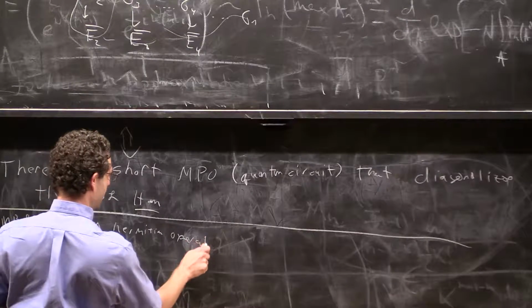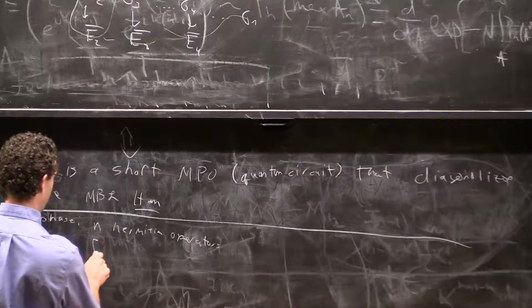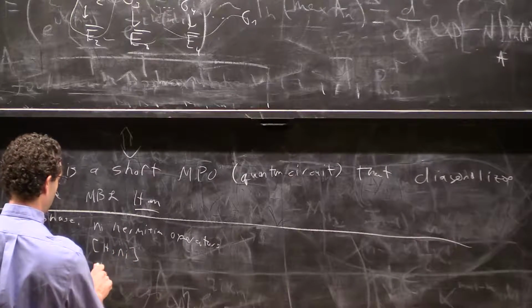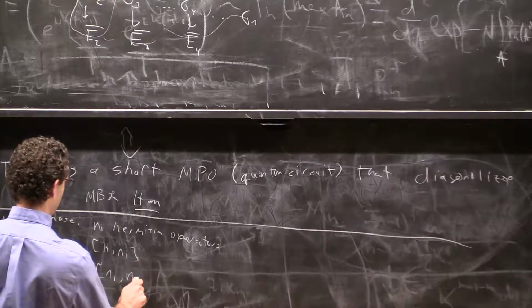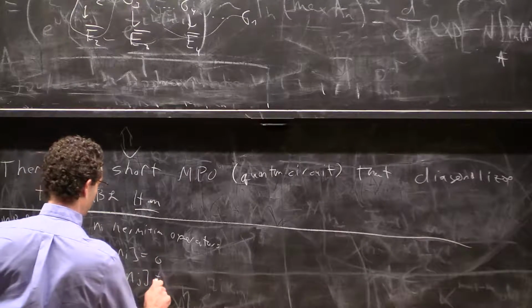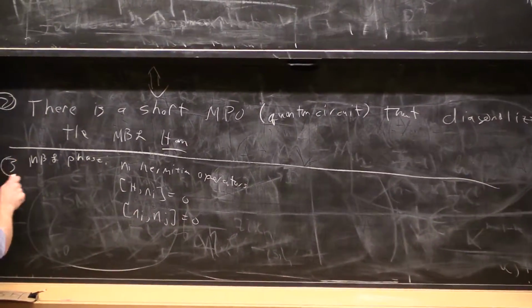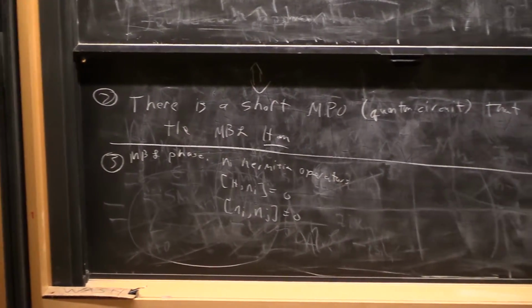These n Hermitian operators have the property that they all commute with the Hamiltonian, that they all commute with each other, that they are orthogonal, etc. Yes? Can you generally write a little bit larger? Yes, I can try to write a little bit larger. Sorry. Okay, good. So claim 1, claim 2 is this, claim 3 is that there are a bunch of Hermitian operators.